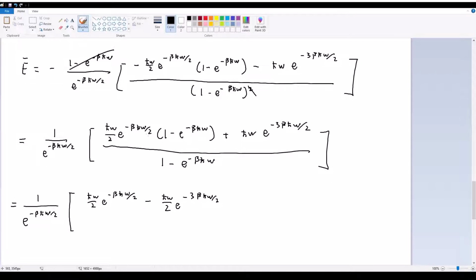Because the positive and the negative makes a negative, we have h bar omega over 2, and then negative 1/2 minus 1 is negative 3/2. And then finally, plus h bar omega e to the negative 3 beta h bar omega over 2. And then this is all divided by 1 minus e to the negative beta h bar omega.